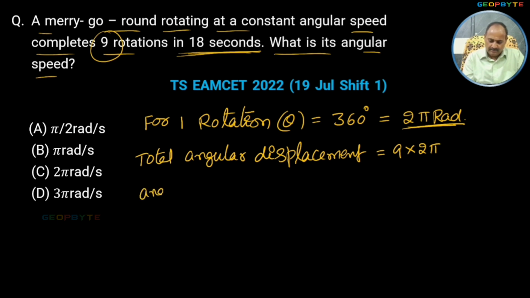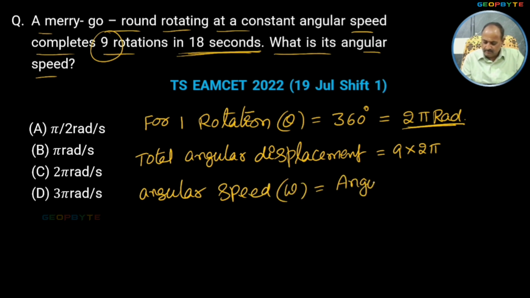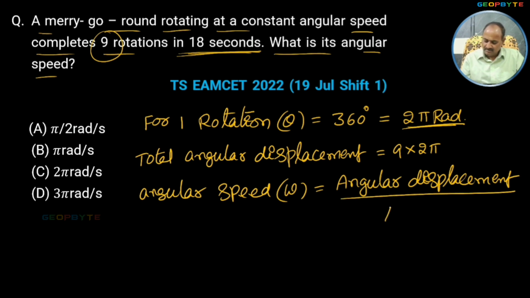Therefore, angular speed omega equal to angular displacement divided by time taken.